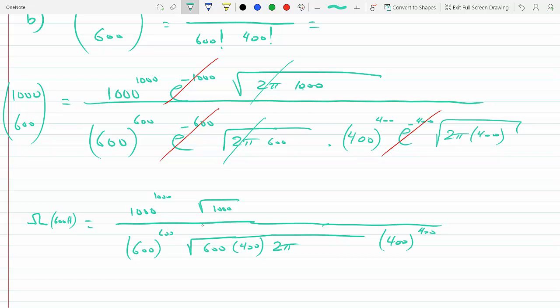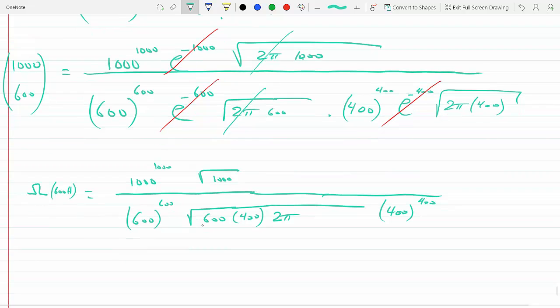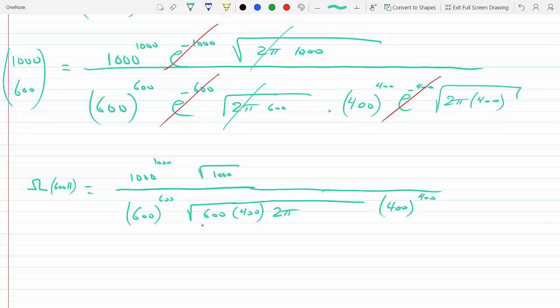Okay, what I'm gonna do to this equation, because these are large numbers that calculators can't really handle, I'm gonna ln both sides.